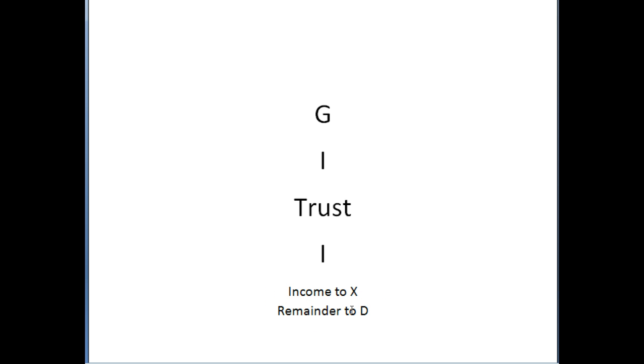The remainder is going to await basically X's death. So if D predeceases X, he has testamentary control over the remainder interest, and it would be includable in D's gross estate.